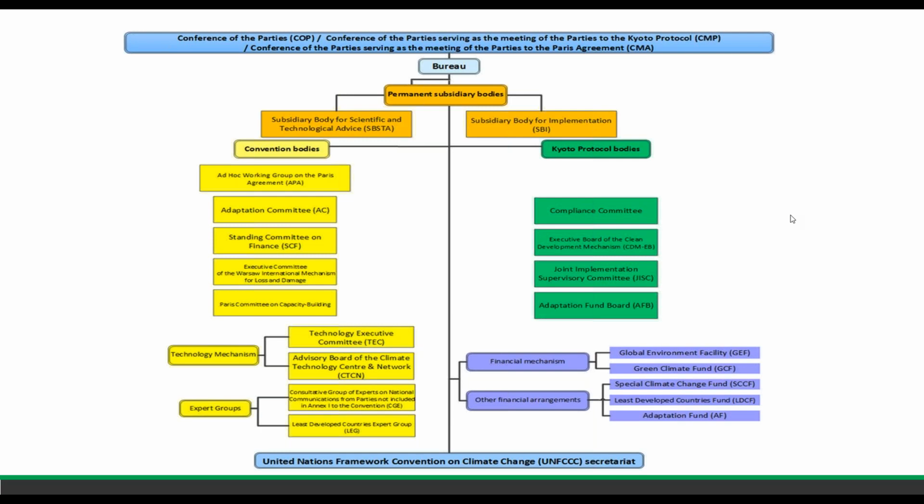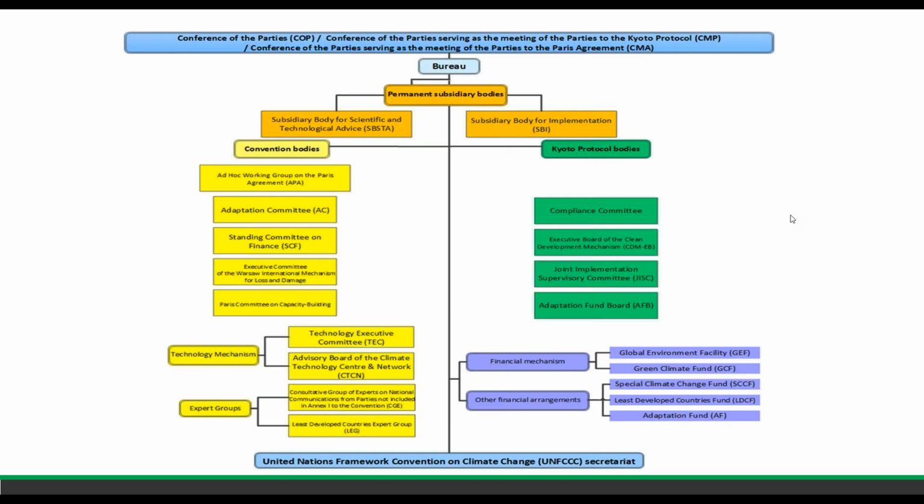In addition to those bodies, you have a set of convention bodies as well as Kyoto Protocol bodies that deal with everything from adaptation to the mechanisms that are set up. And again, I won't go through them in detail, but for example, you have the Adaptation Committee, a Standing Committee on Finance, which is really reviewing, and this is where it can become a bit difficult.